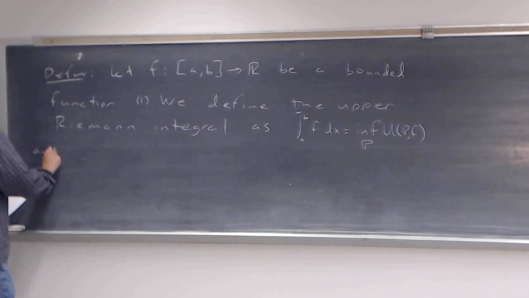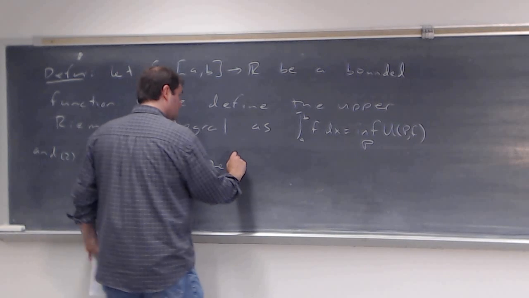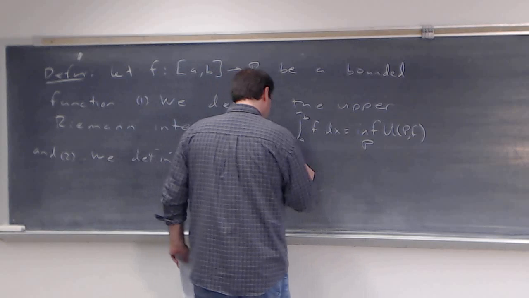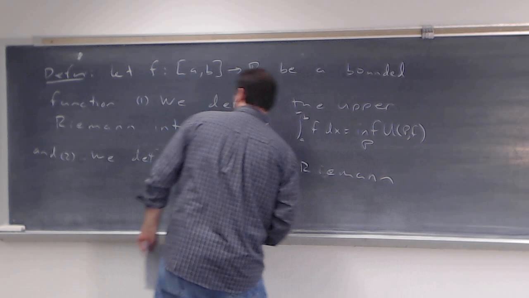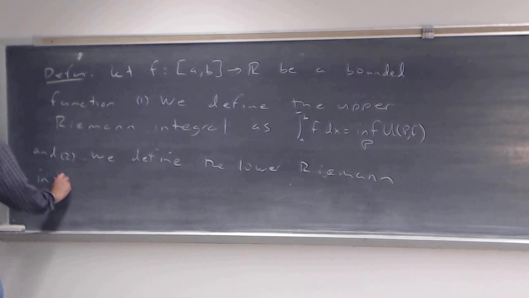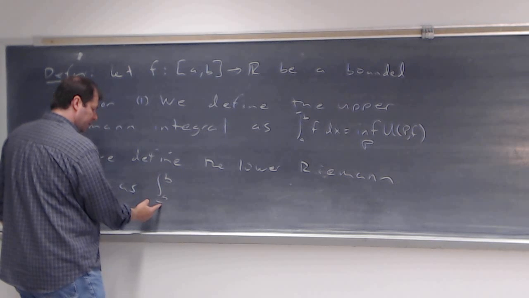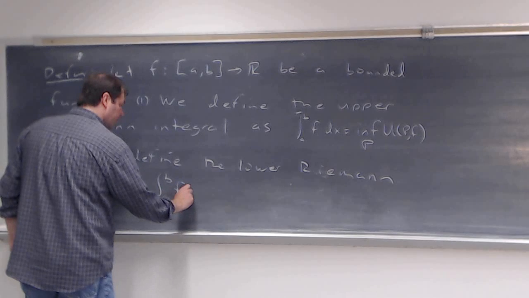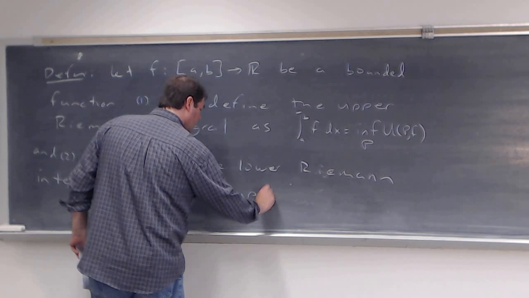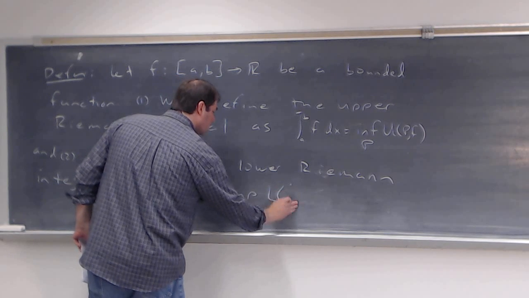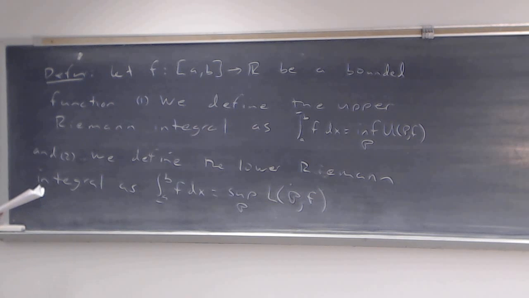And 2, we define the lower Riemann integral as, okay, so we integrate from a to b, we have a subscript bar here, lower, of f dx, and that's going to be equal to the supremum over all possible partitions of a to b of the lower sums with respect to the partition and f. So that's what we had left off with before.